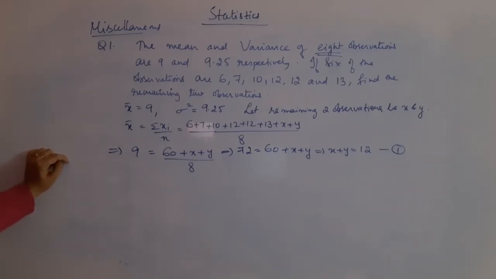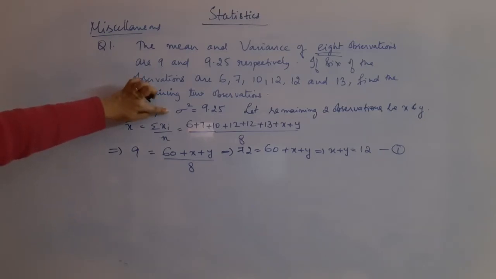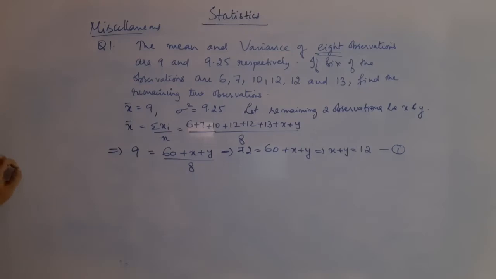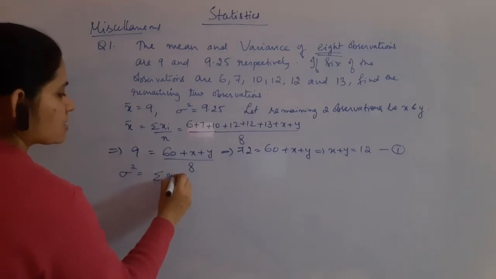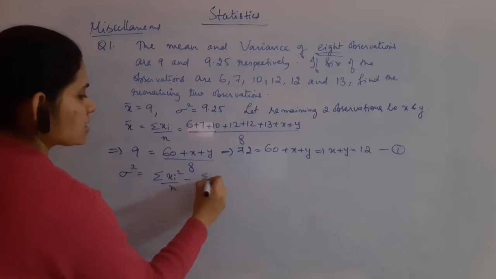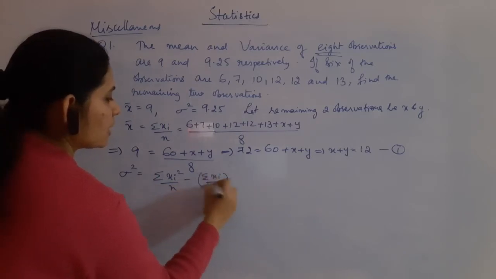Now using the next concept, we will find another equation containing x and y. So what is the next concept? Sigma square. By the definition of sigma square, we can use sigma square as sigma xi square by n minus sigma xi by n the whole square.